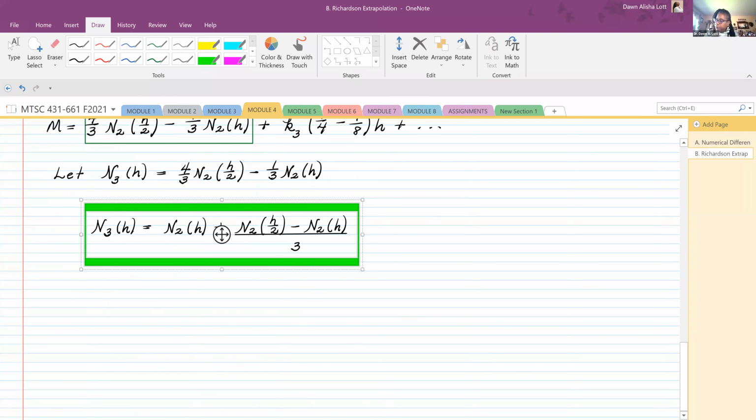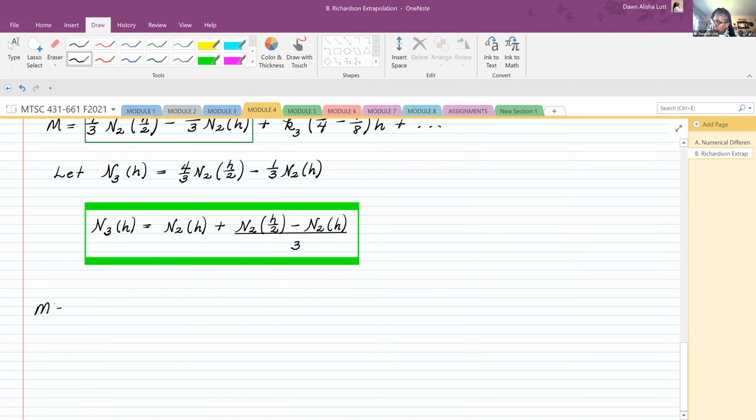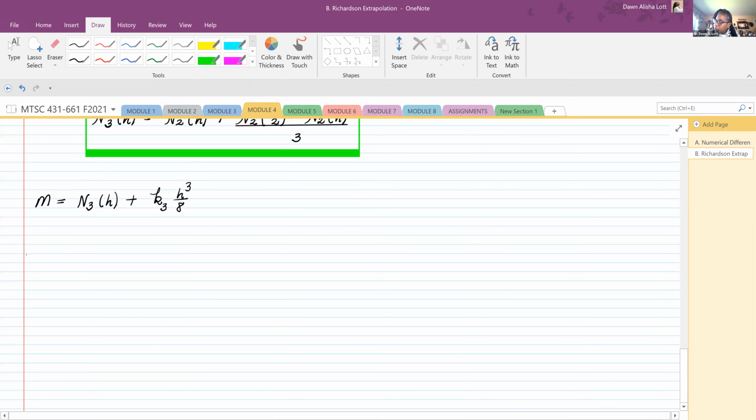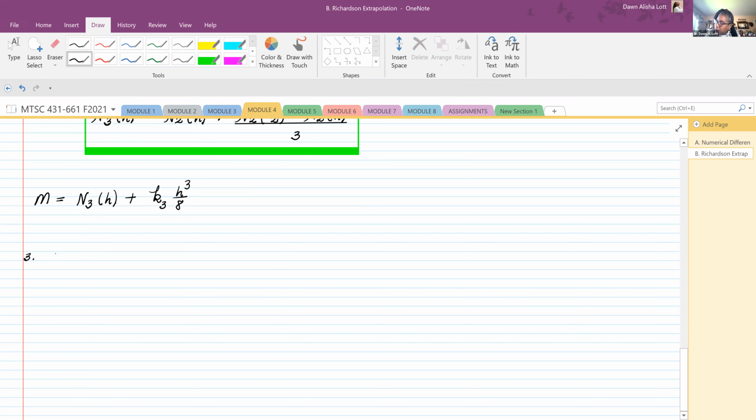So now M is now equal to N3 of H plus K3 times H cubed over 8. So now it's of order H cubed. So I can keep doing this. I can now eliminate the term involving K3.